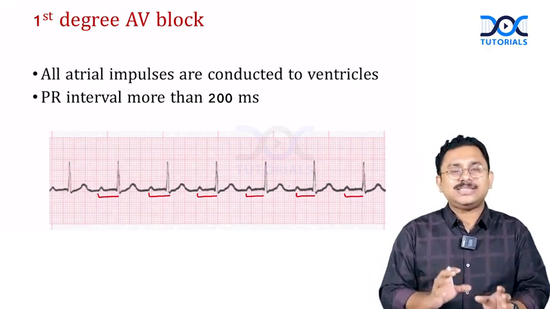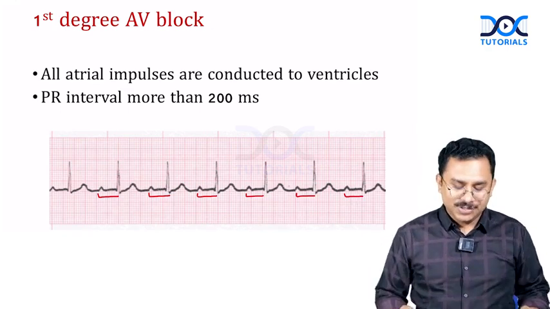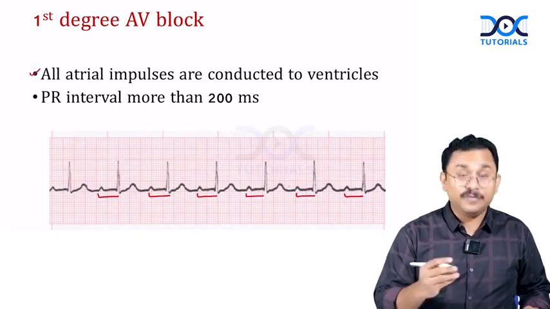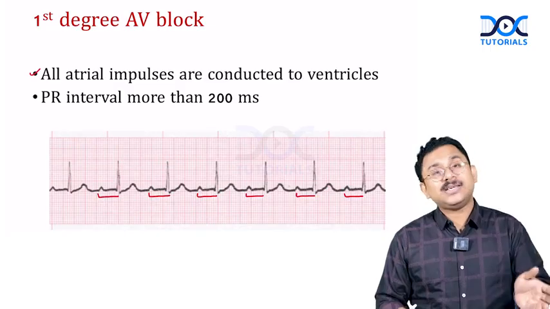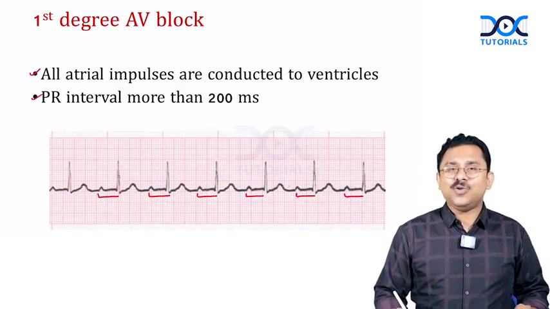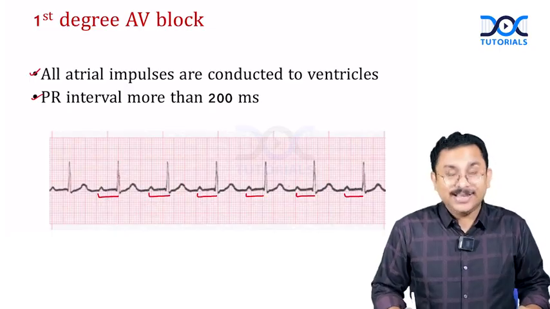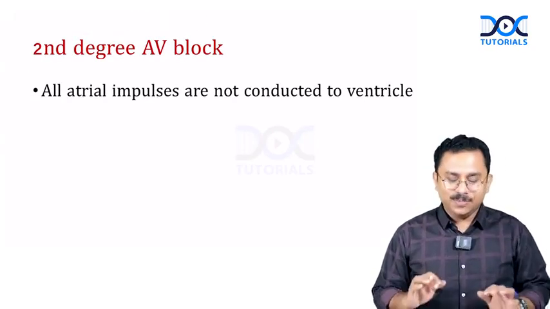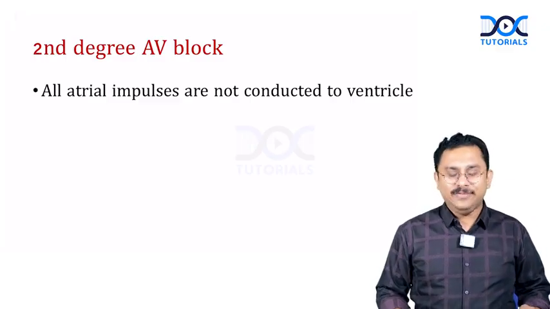So this is called a first degree AV block, where in fact all the atrial impulses are conducted to the ventricles, but the PR interval is more than 200 milliseconds, and that is what you call a first degree AV block.